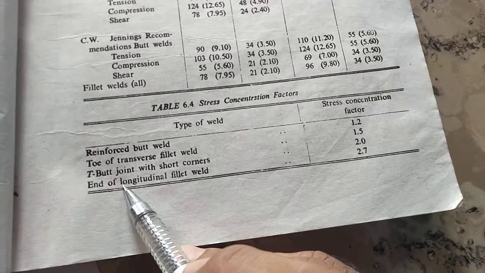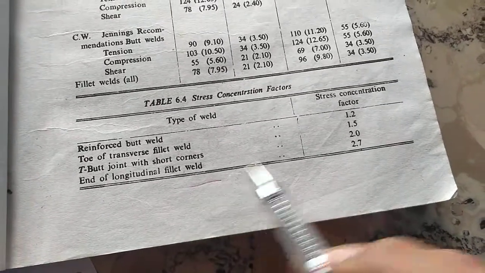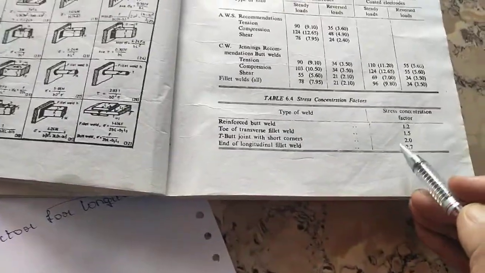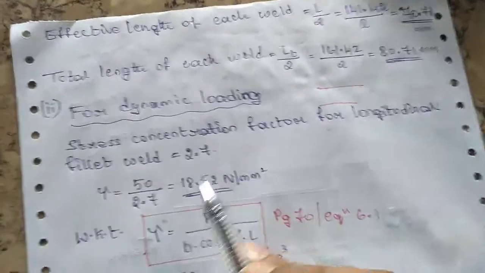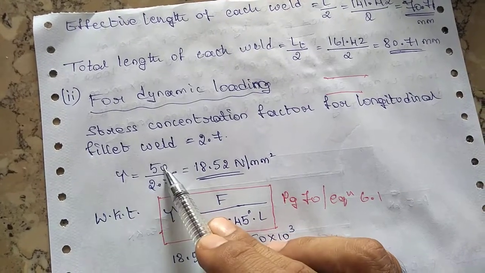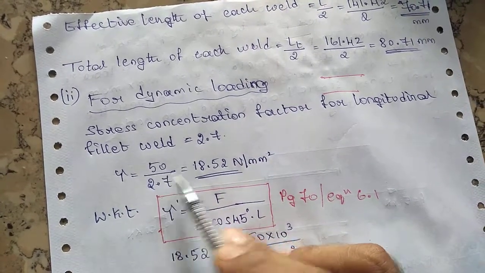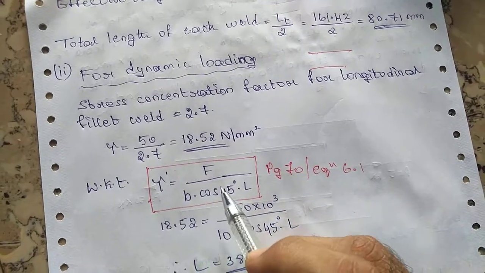End of the longitudinal fillet weld, we are using longitudinal fillet weld, that is why it is 2.7. So we are using that value. And the tau dash I had mentioned, tau dash is 50, tau dash by 2.7 will give you tau value. I have taken tau value here.